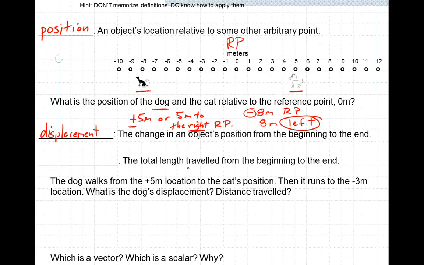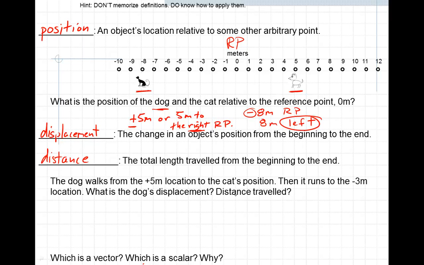The total length traveled from the beginning to the end is called the distance. Okay, again, we don't need to memorize these, but we do need to be able to apply them. So in this example, it says the dog walks from the plus 5 meter location to the cat's position, then it runs to the -3 meter location. What is a dog's displacement, and what is the distance that it's traveled?